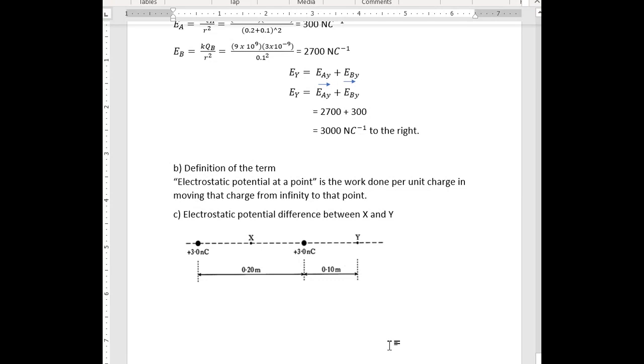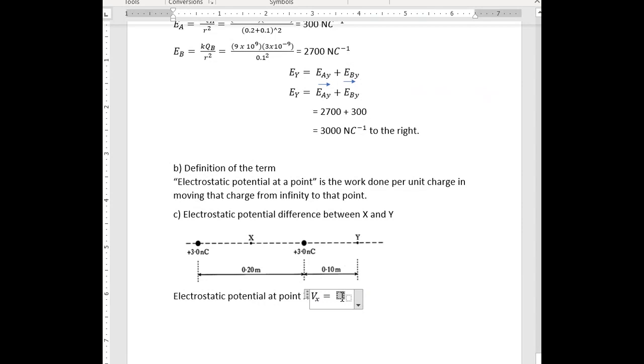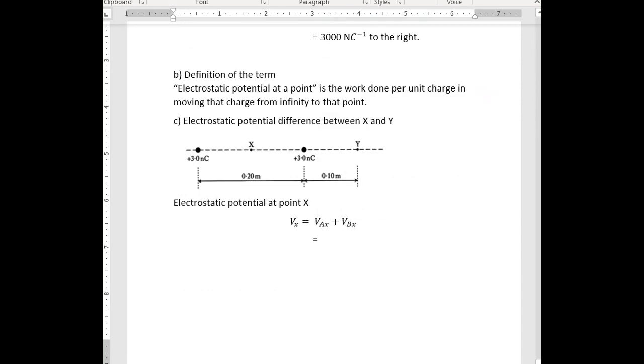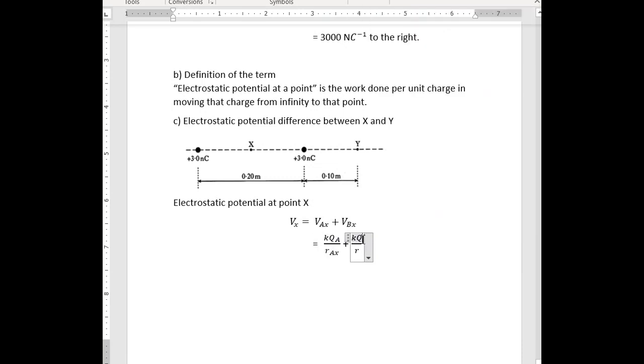So to calculate the potential difference between X and Y, we first find electrostatic potential at point X. We have Vx equals the work done in bringing charge A to point X plus the work done in bringing charge B to point X. Formula of work done is K times charge A divided by the distance between A and X. And for potential of B is K times charge B divided by the distance between B and X. K is 9 times 10 to the power of 9 times charge A 3 times 10 to the power of minus 9.